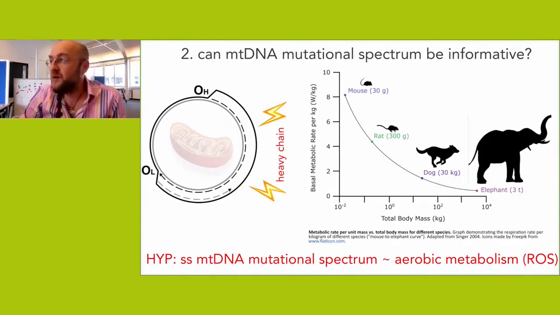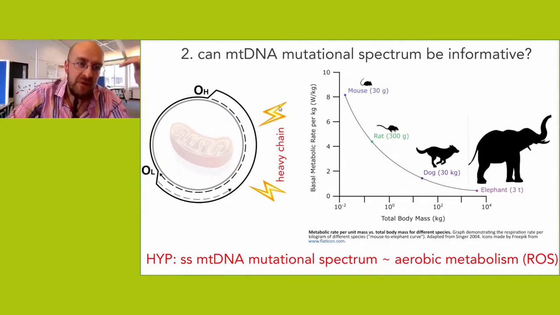If we have something relevant in the mitochondrial genome which correlates with life history traits, or with basal metabolic rate, or with oxygen consumption of different species, we expect that this process can shape the rules of mutagenesis of the mitochondrial genome. That's a naive hypothesis.